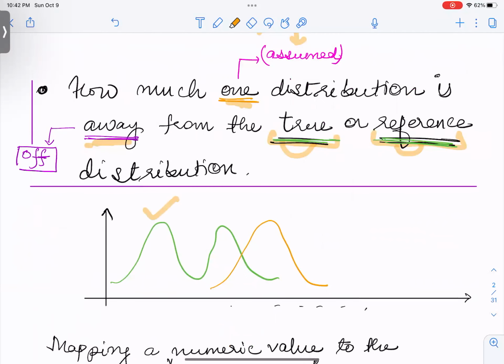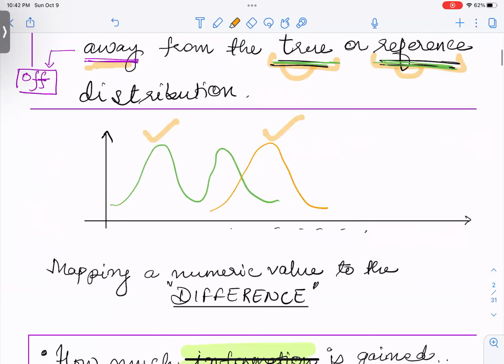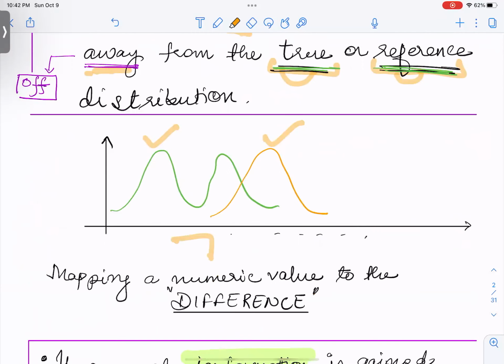Assume this being the true one and this being the assumed one. So how do we quantify, or map a numeric value to that difference? That is given by the KL divergence between the two distributions P and Q.